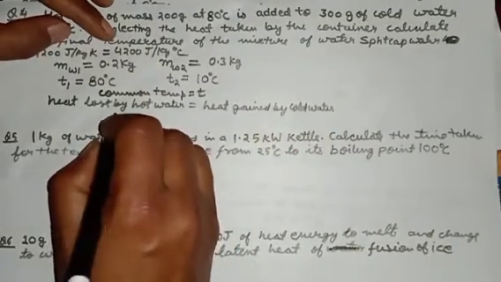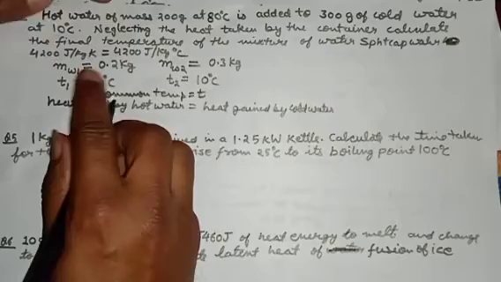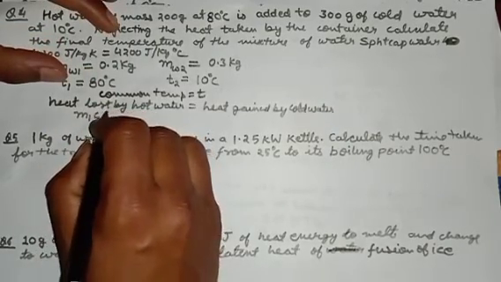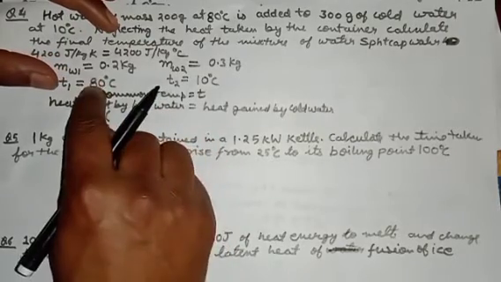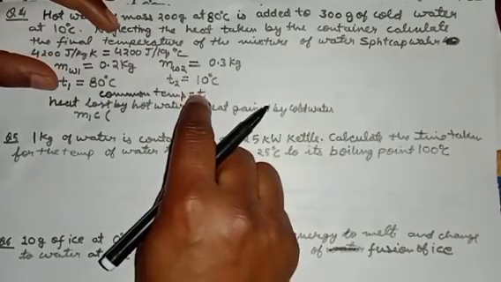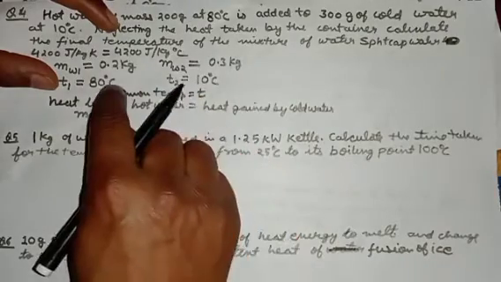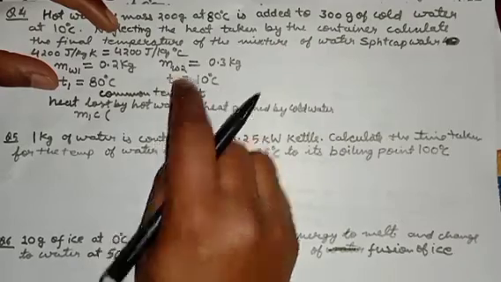So heat lost by hot water, M1 was hot, C and delta T. How will delta T change? This temperature minus this temperature. The common temperature will be less than this higher temperature, but greater than this lower temperature.